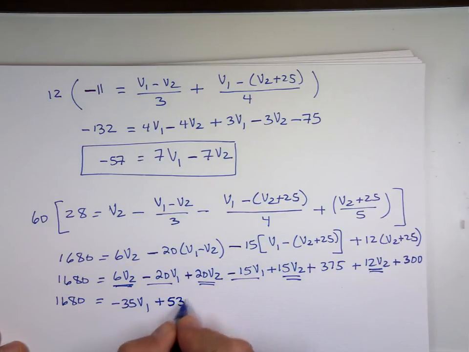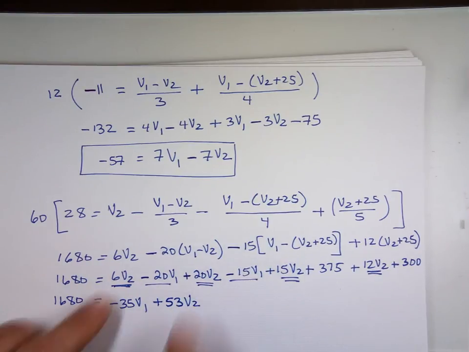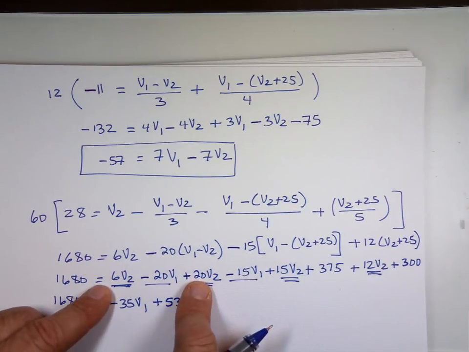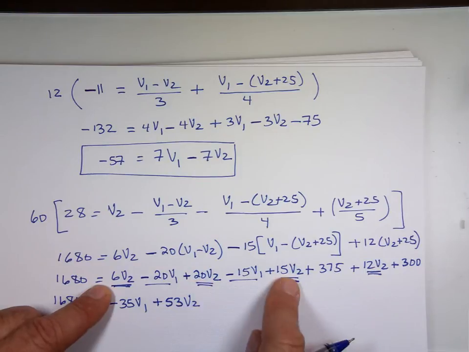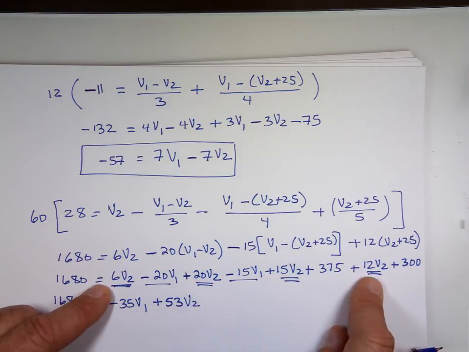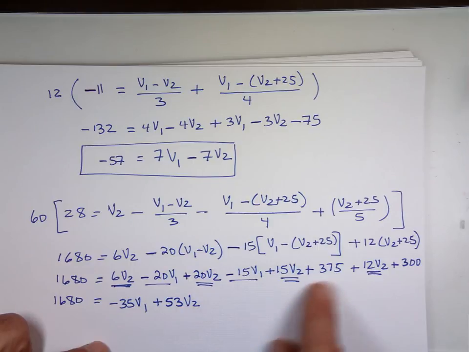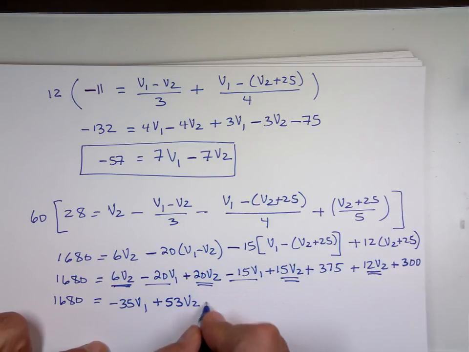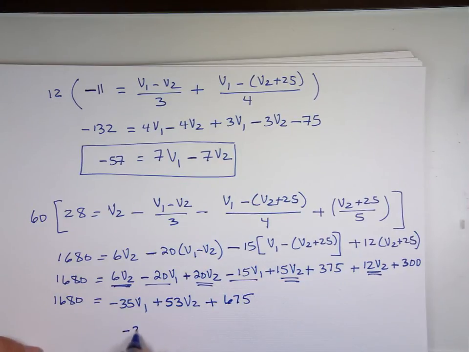Trying to fly through it. 26, 41, 53V2. Numbers, what do we have? 375 and 300. Anything else? 675. Clean it. 1680 minus 675. 1005.